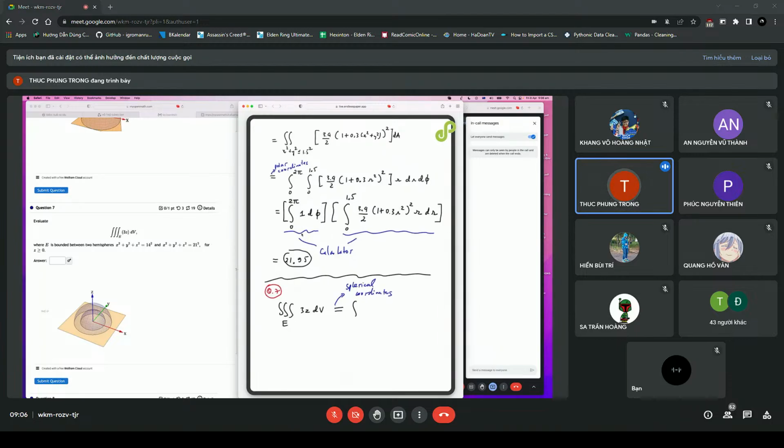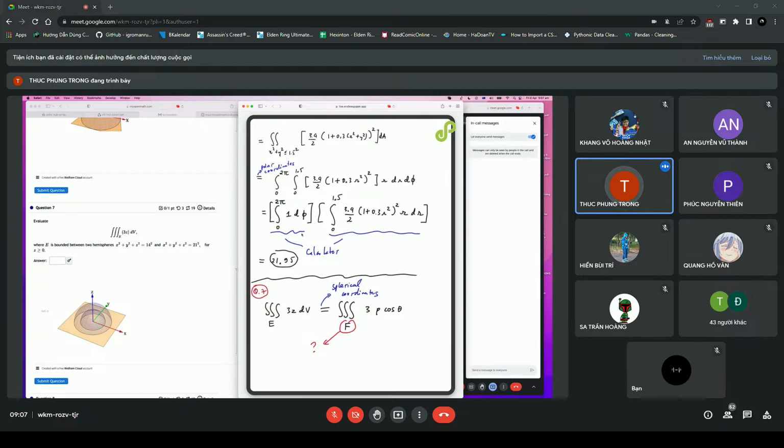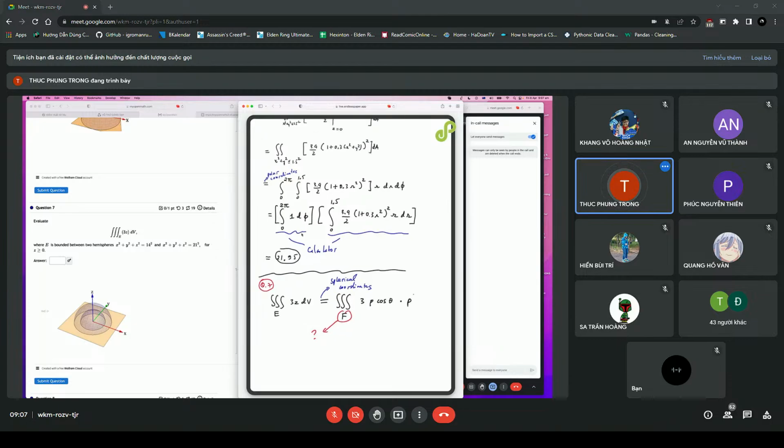Right here we need to find the corresponding domain F for rho, phi, theta. And then inside we had 3z. When we transfer this into spherical coordinates, we get rho cosine phi. Remember the formula. But we don't forget the Jacobian, rho squared sine phi.